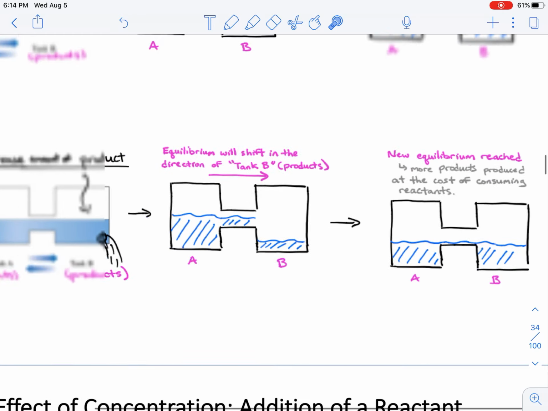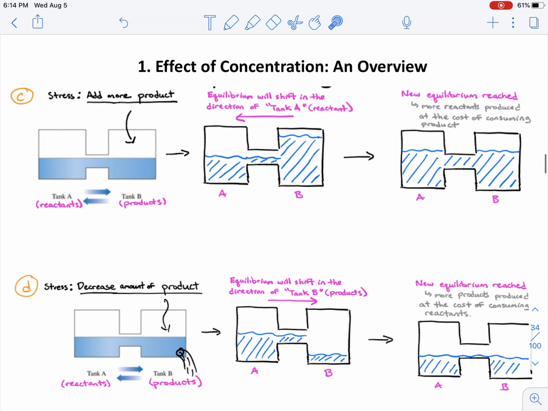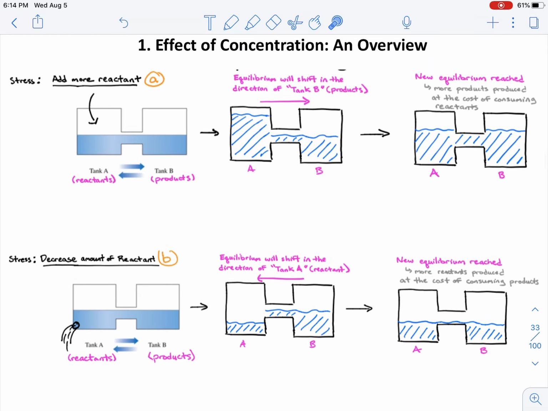All right. And so hopefully by going through this illustration of tanks and levels of liquids, you guys understand how the equilibrium will respond to the stress that was added onto this chemical system.